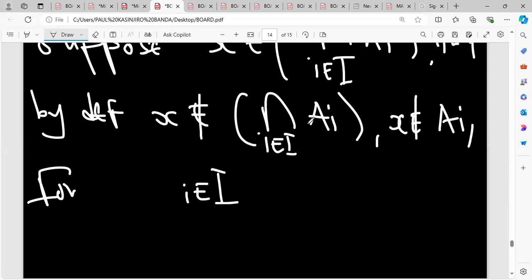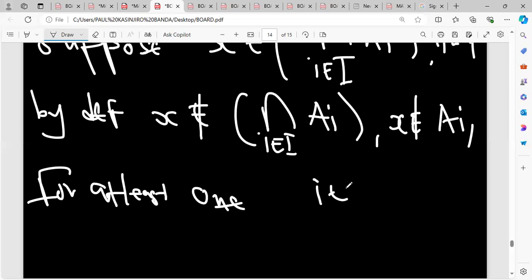No wonder it's not in the intersection, because the intersection means it's a member of all of them. So here we have to say for at least one I in I, this definition will not hold. If only one of them is not a member, then X will not be in the intersection.